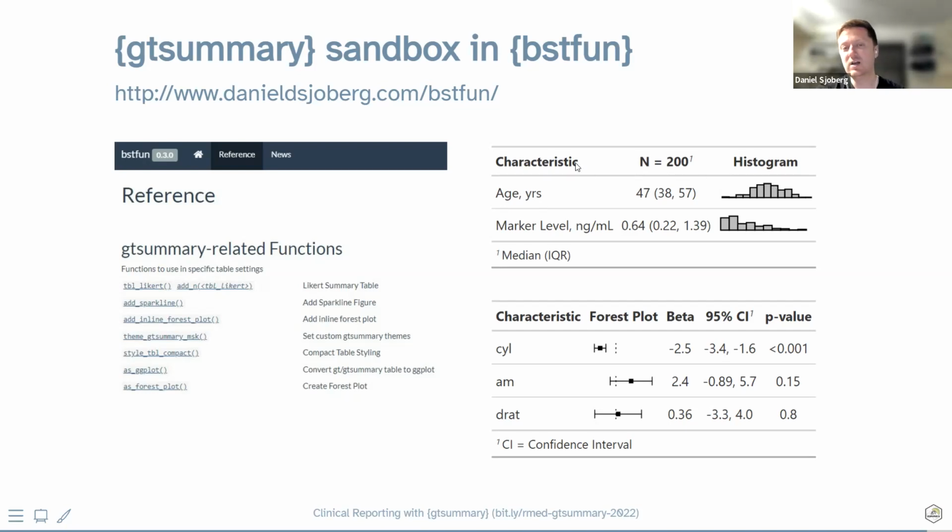So you can see here that this top example on the right, you can add a column of histograms, which are adorable. The one below that, you can add sparklines or forest plots to your regression models. If you do a lot of Likert data, we have a tbl_likert that's a wrapper for tbl_summary that's just specifically formatted for Likert data. So quite a few other examples as well.